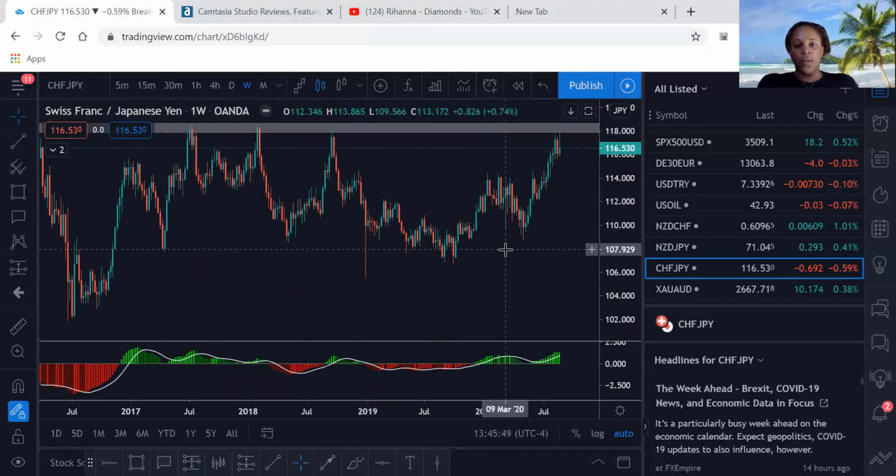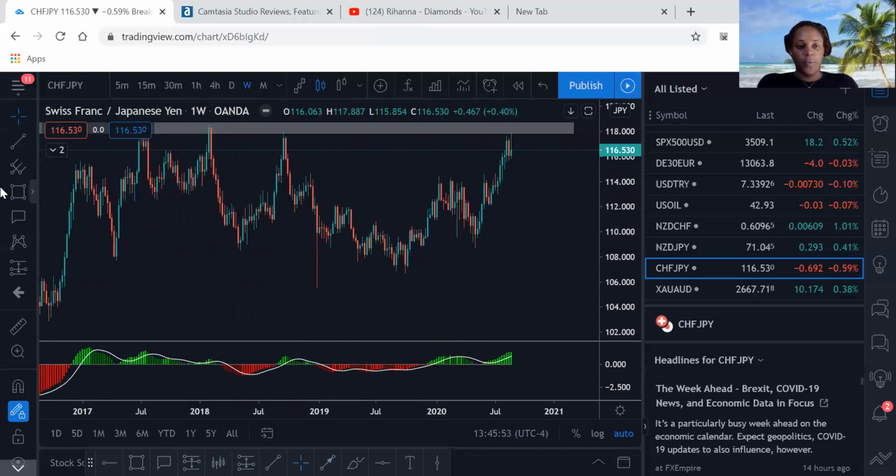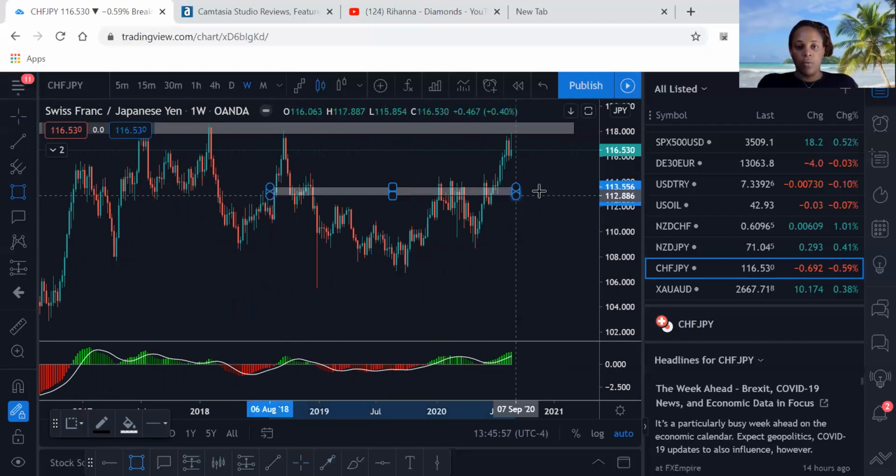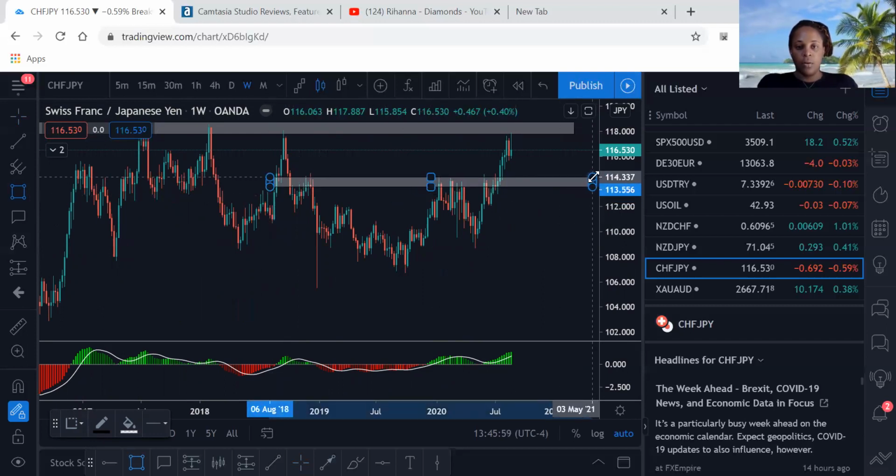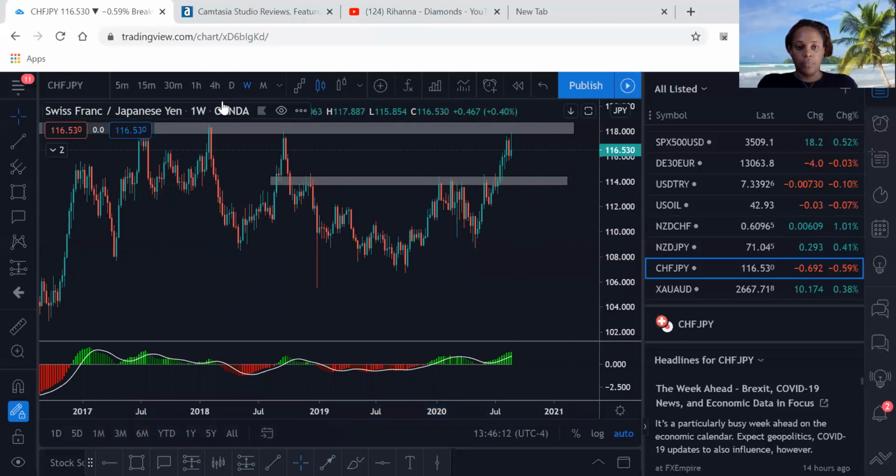Now, given that this is a weekly time frame, I really expect CHF-JPY to at least come around here, to sell at least to this zone here.